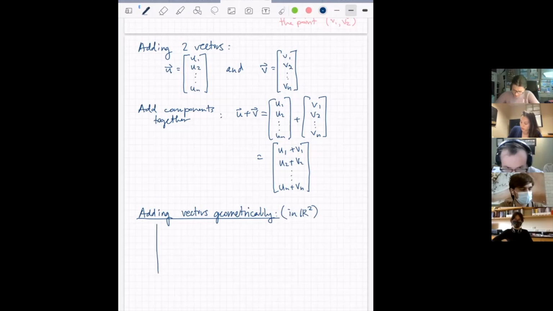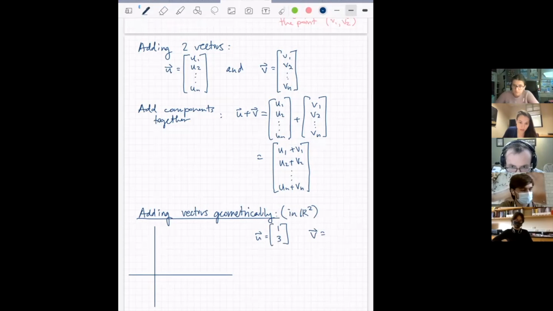So, for example, say I have, trying to draw this nicely, two vectors, u and v, and u will be the vector 1, 3, and v will be the vector 4, 1.